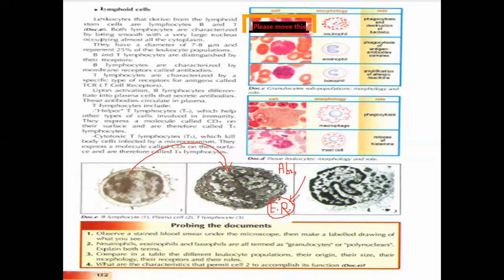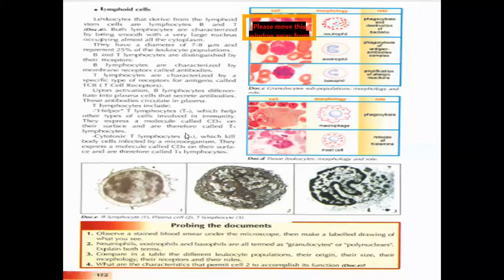If you know the mitochondria, this is the source of energy. So the number of mitochondria in the plasma cell will increase since it's the source of energy needed for the production and for the release of antibodies. Upon activation, as I said, B lymphocytes differentiate into plasma cells that secrete antibodies. These antibodies circulate in the plasma.